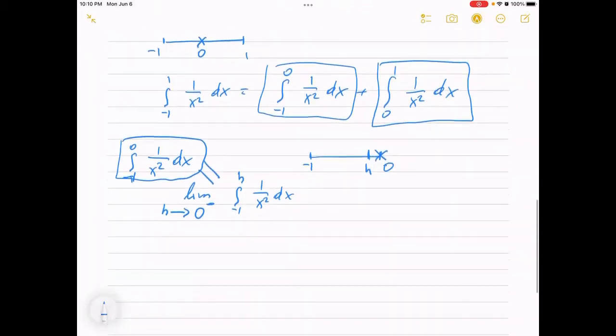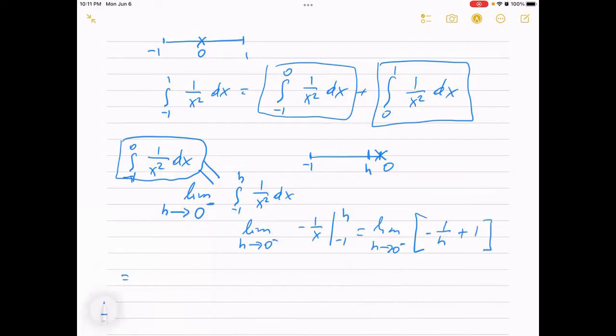So now let's calculate that limit. It's a regular integral, the antiderivative which we already did, -1 over x. We're doing it from -1 to h, so it's the limit as h approaches 0 from the left. Substituting the upper bound, we get -1 over h. Substituting the lower bound, we get +1.